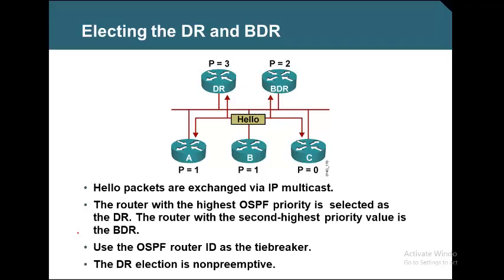When you want a particular router to be a DR, first finish configuring that router, and then the BDR router, and then the other routers. The router with the highest priority is selected as the DR. The router with the second highest priority value becomes the BDR. And what is the tiebreaker? If there is a tie in priority, the tiebreaker is router ID. The one with the bigger router ID becomes the DR.